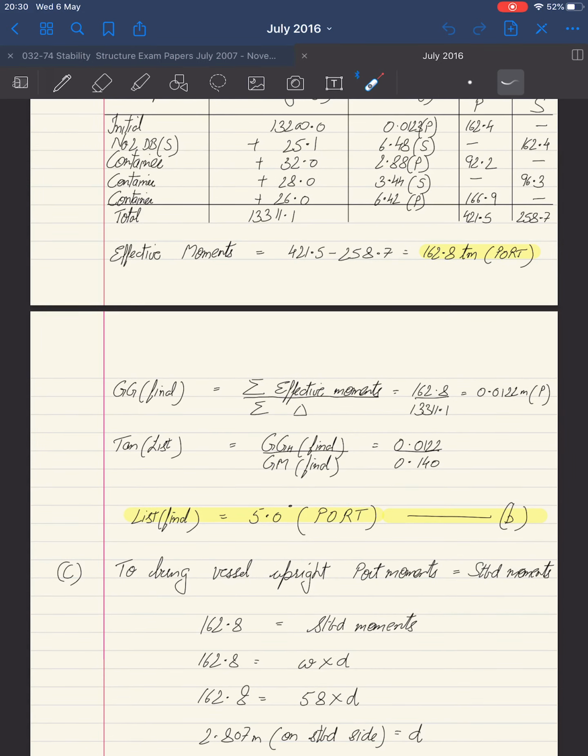Now, when we calculate the GGH final, we'll say it's the sum of effective moments divided by the sum of displacement. So the effective moment was 162.8, which has come from here, divided by the total displacement, which is 13311.1 tons, which has come from here, which has given the value of 0.0122 meters in the direction of port.